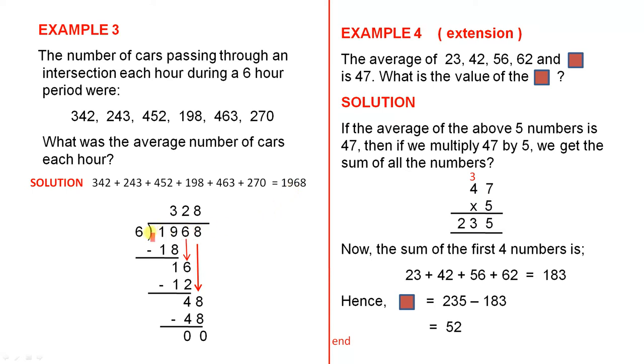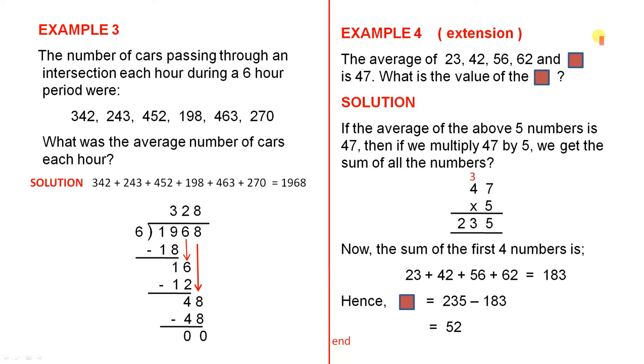If we divide by 6, so 1,968 divided by 6, if we go through the process, I'll leave you to do that because we've done quite a few of those already, and the average number of cars is 328.